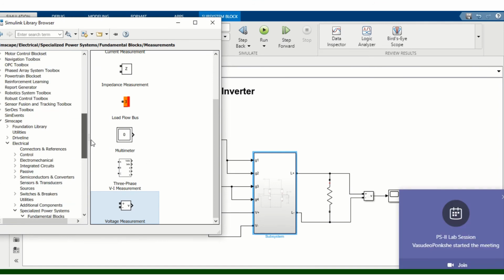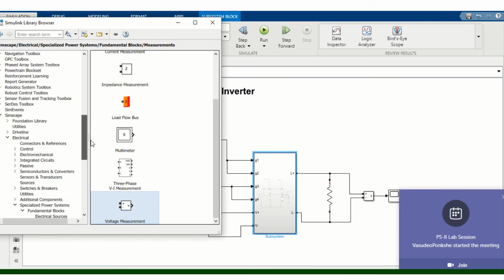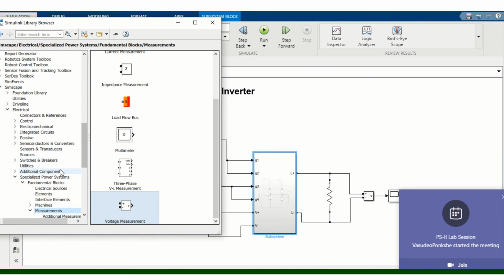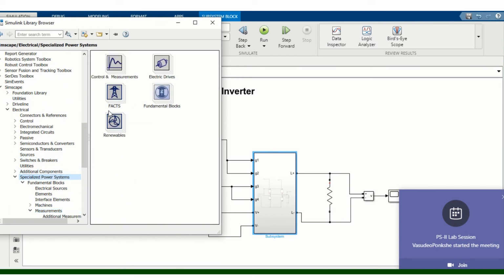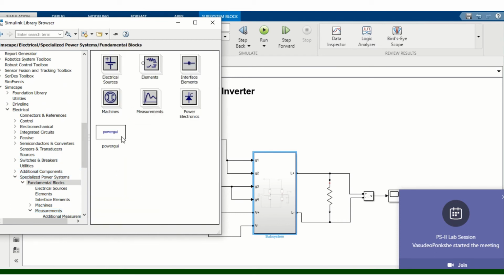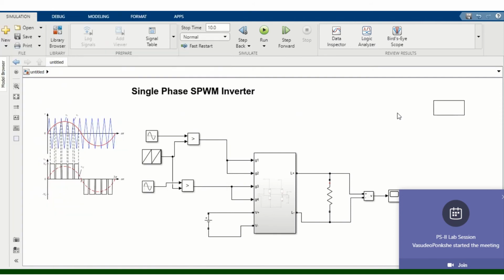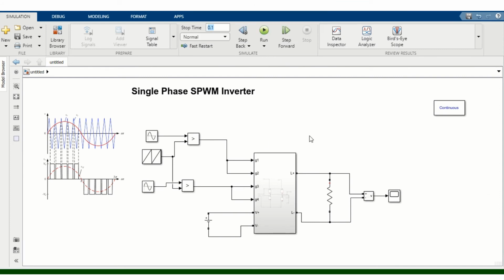Don't forget to add that power GUI block always. It is available in fundamental blocks, so continuous. And then this I will change over to 0.1, and we will start the simulation.